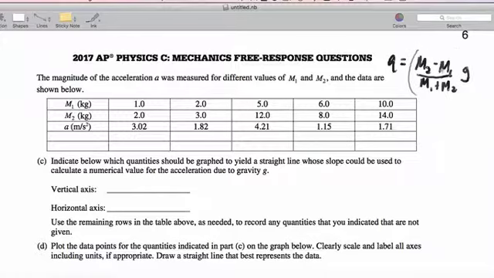So if we plot this as our x-axis and this as our y-axis, g would be the slope. So our vertical axis should be a, and a horizontal axis should be M2 minus M1 over M1 plus M2.